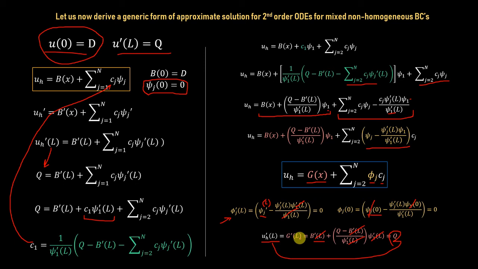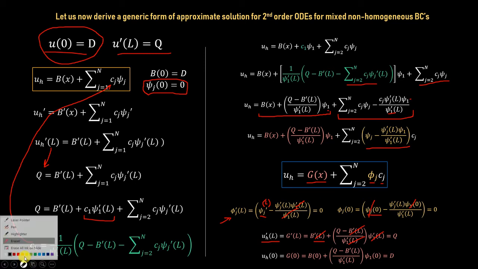What about UH at 0? Because all psi j's are 0 at x equals 0, this term goes out. The only remaining term is g of 0. g of 0 is nothing but b0 plus q minus b dash L, because this is a scalar and psi is 0.